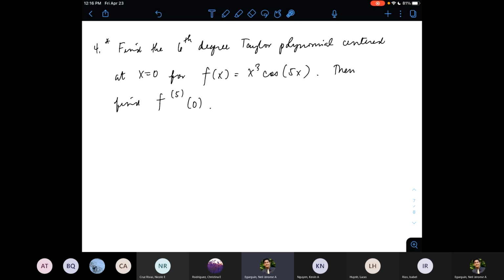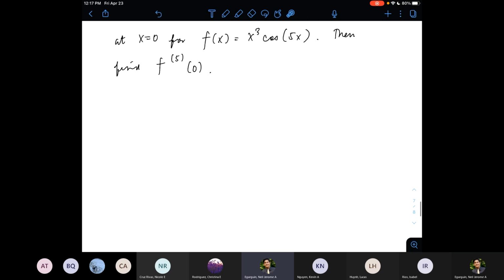But we can take advantage of the series expansions here. All right. Now, this guy x to the power 3 doesn't need any expansion because you can keep it as is. We'll take advantage of the expansion for cosine 5x. So for this guy, let's see. Let's recall that cosine of x has the following expansion.